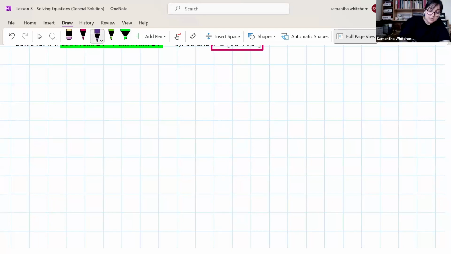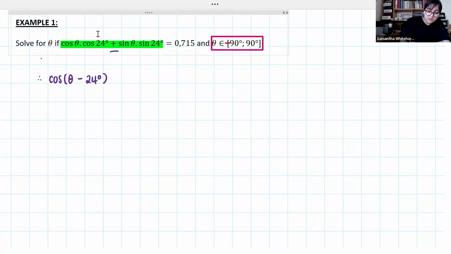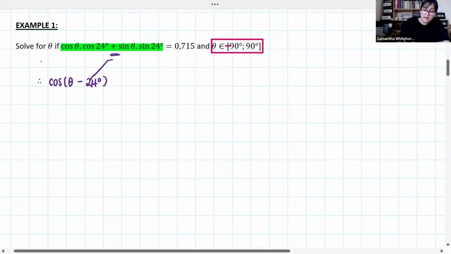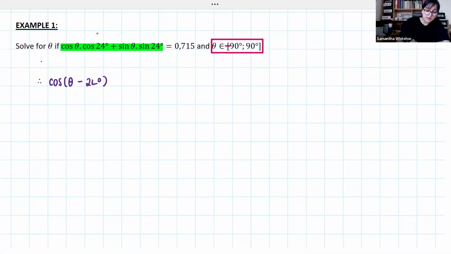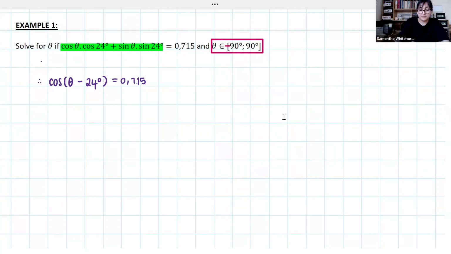So this whole thing actually simplifies down to cos of theta minus 24 degrees, because that's a plus in the expansion, but in the bracket we actually have a minus. So using our knowledge of compound angle formulas, we have been able to simplify the whole left-hand side. That's still equal to 0,715. And now we're going to start with our actual general solution.